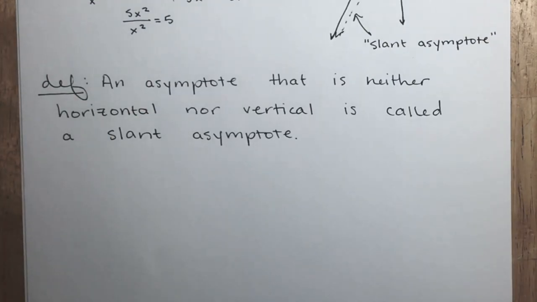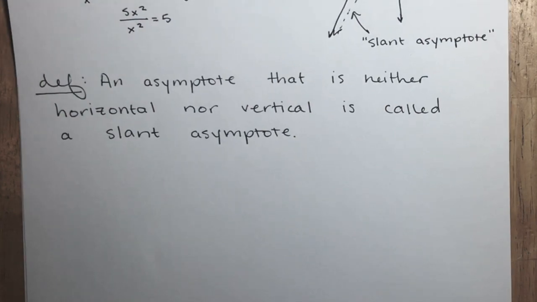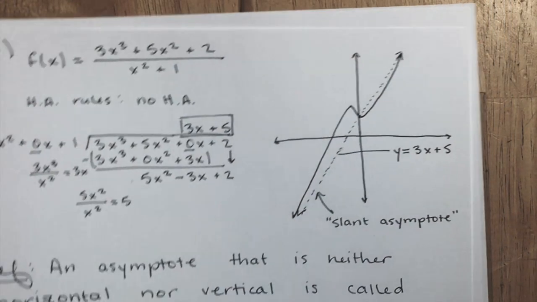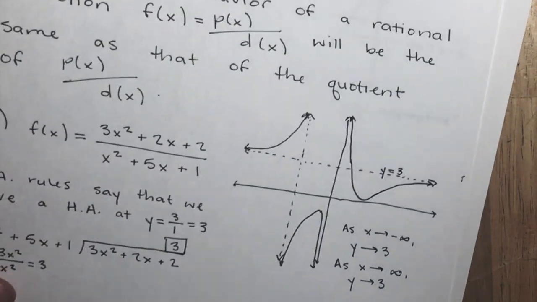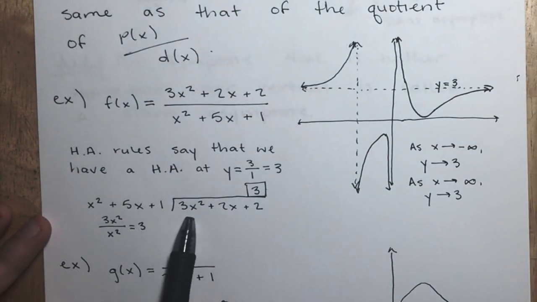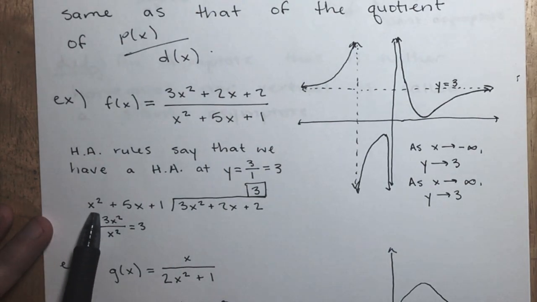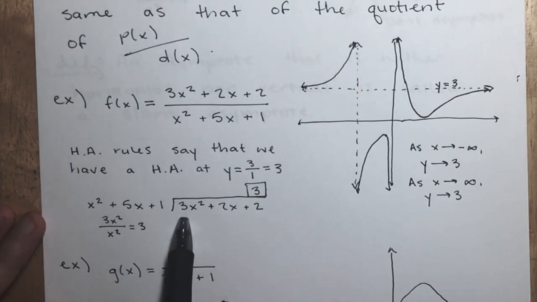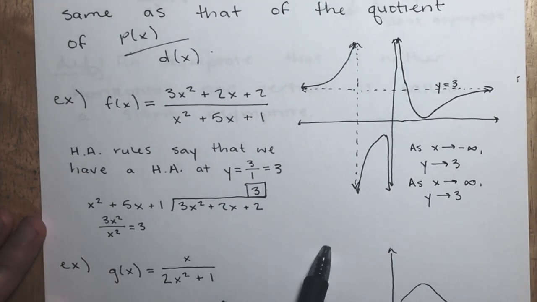So when do we have a slant asymptote? Let's look at these different scenarios that we've talked about. And I would like for us to specifically focus on the division that we're doing. When we divide something of degree 2 by something of degree 2, we're sort of dividing out x values, right?